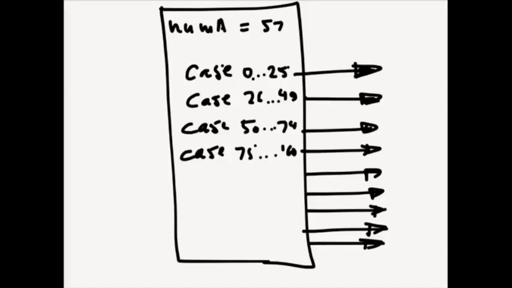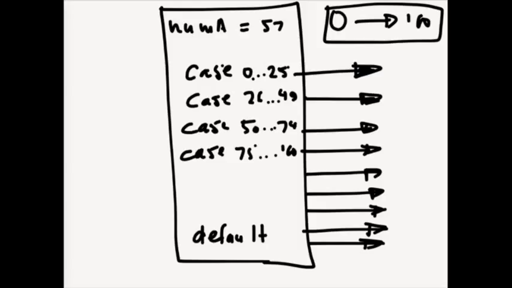Now we also have something called a default case. What if the number, this program was supposed to check if a number is between 0 and 100, right? It only allows us numbers between 0 and 100.